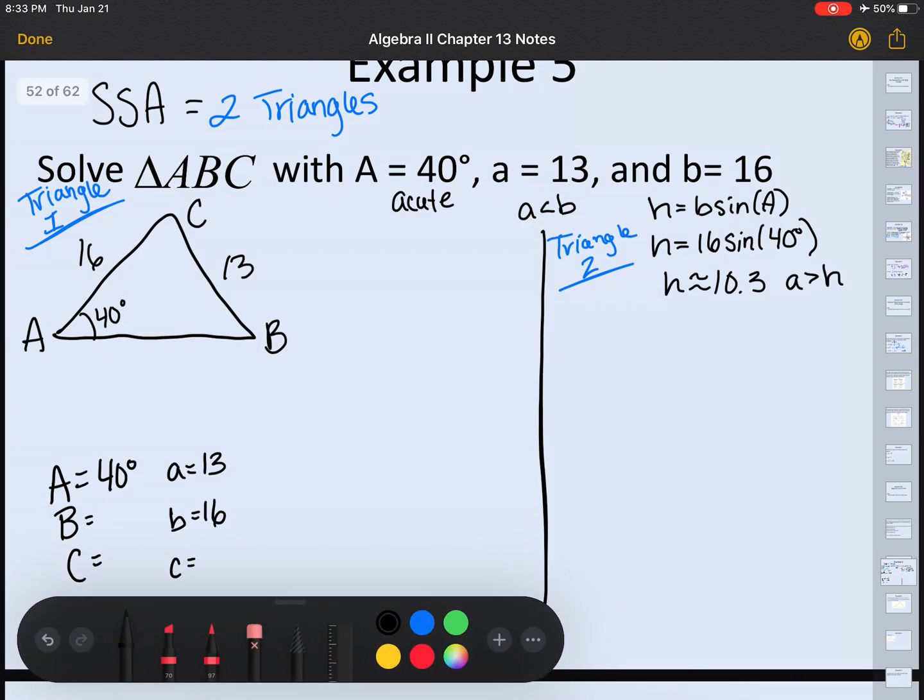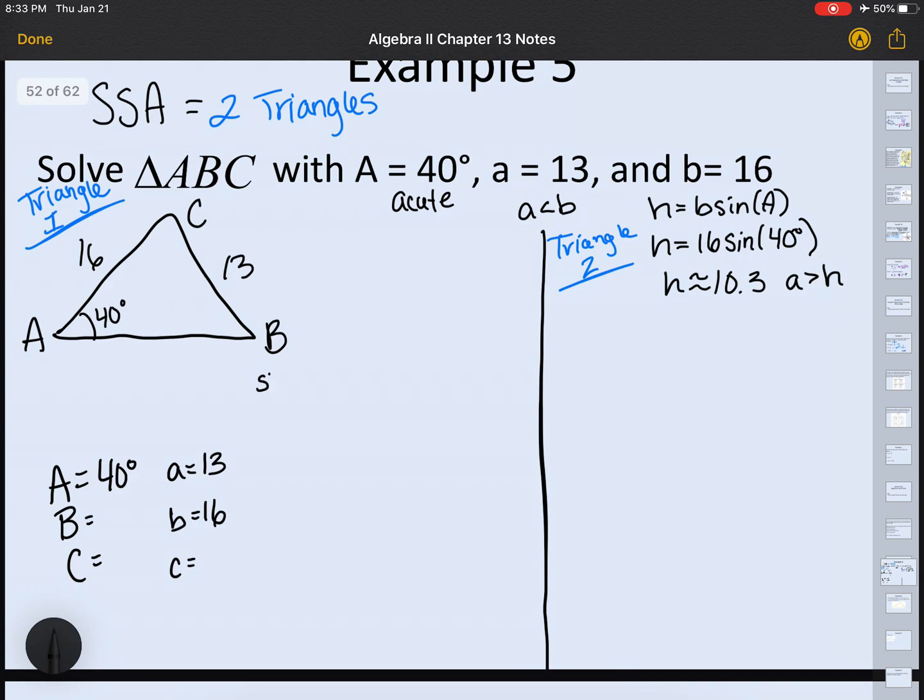So if we focus over here with triangle 1, we're going to set up a proportion to see what angle B is. So sine of 40 degrees from angle A all over side length A, which is 13, equals, we don't know angle B yet, all over side length B, which is 16.